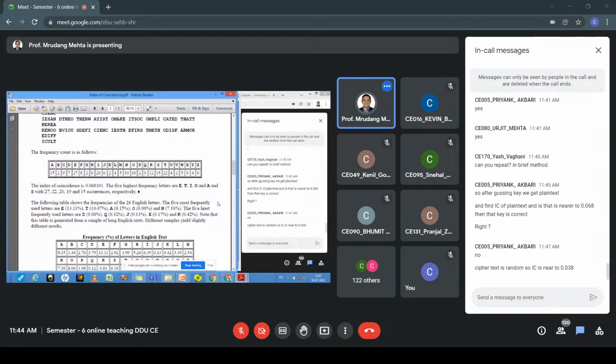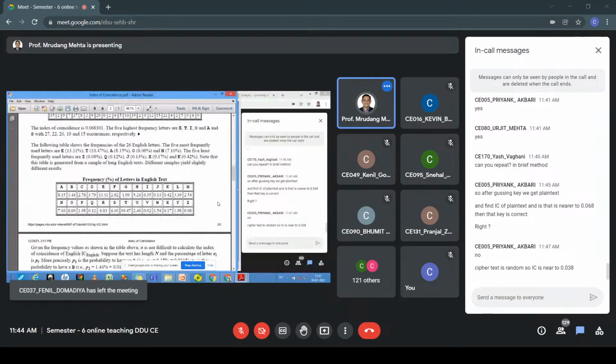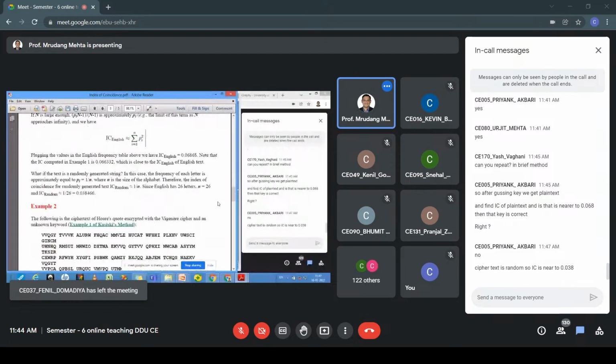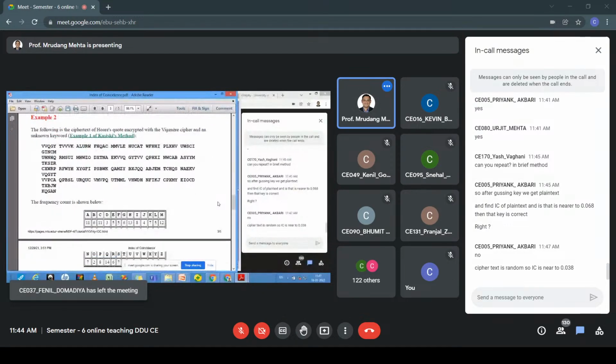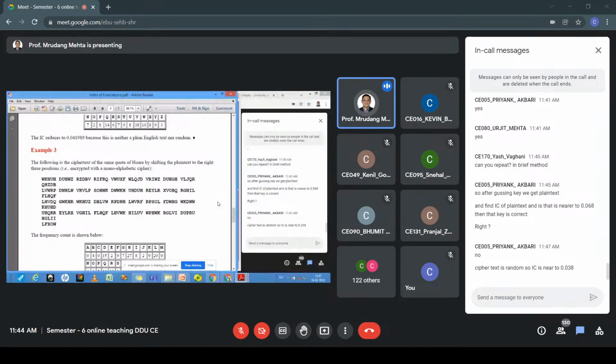Now, if we apply the Vigenere cipher and convert it into ciphertext, and if we find its IC value, then it is the same. And that is why for plain text and ciphertext, the IC value should be equal. That is the observation which we know. That is the theory which I discussed. Is that clear to all of you?